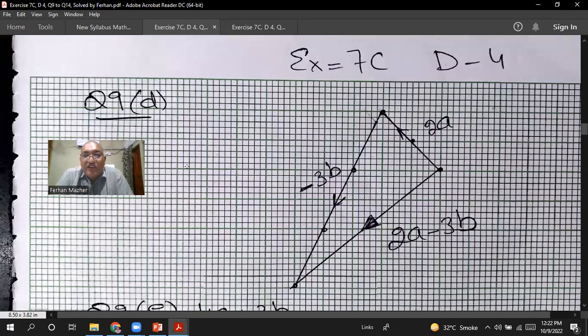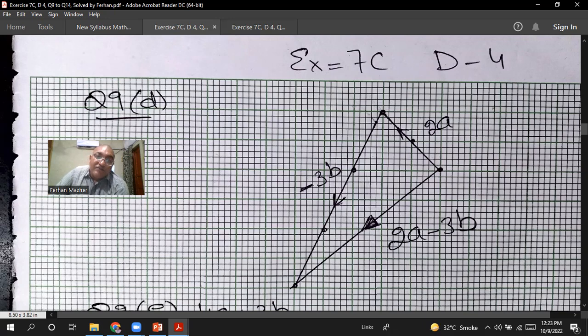Question number 9 is D part. So I'm going to represent, here we have 2A. 2A means one step to the left, one step up, one step to the left, one step up. So join this point with this point, that is 2A. Then I have to represent the minus 3B.